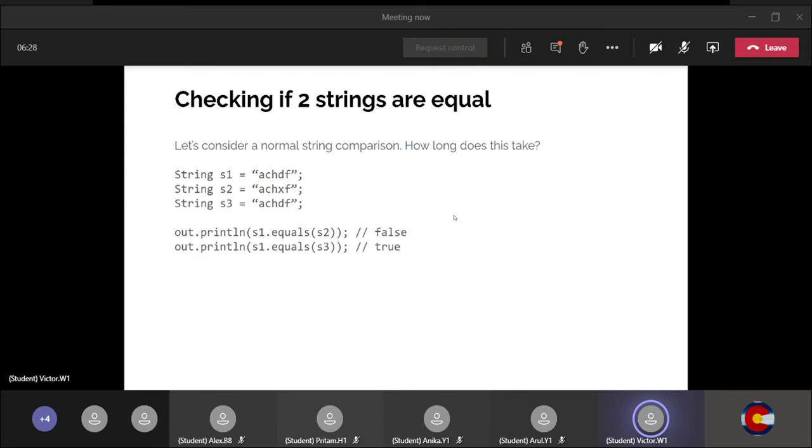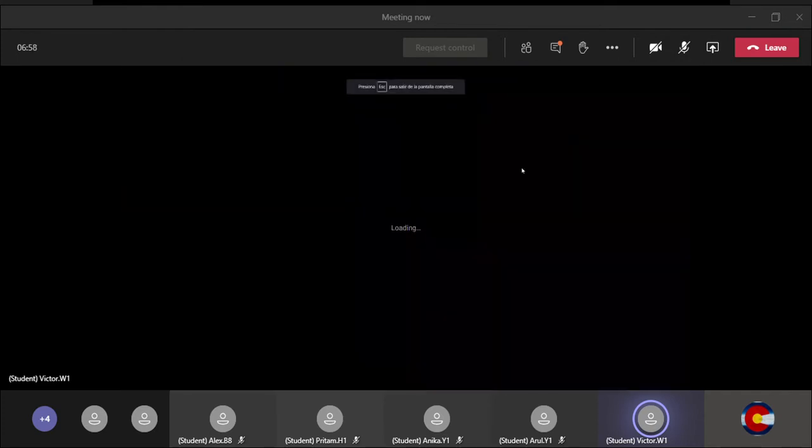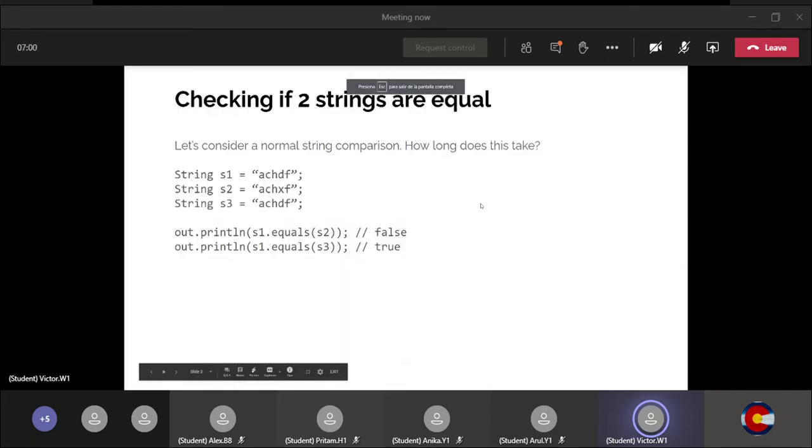Let's start with comparing two strings, checking if two strings are equal. Java has a method called .equals, which does this. But let's say we were trying to write the method ourselves. How would you check if two strings are equal? You would first make sure their lengths are equal, because if two strings have unequal lengths, they cannot be equal.